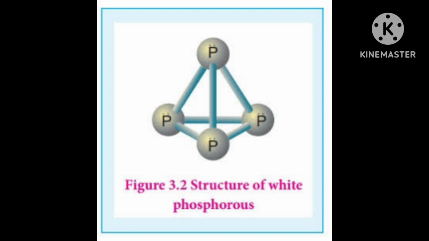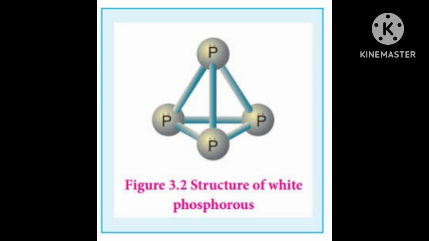The balanced equation: P4 plus 3NaOH plus 3H2O. Three reactants are there: first white phosphorus, P4, plus concentrated NaOH, plus 3H2O. But the atmosphere should be an inert atmosphere of CO2. Don't forget.